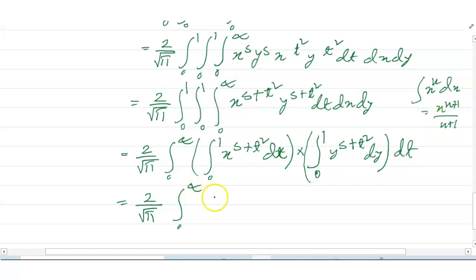So it can be written 1 by s plus t square plus 1 into dt.